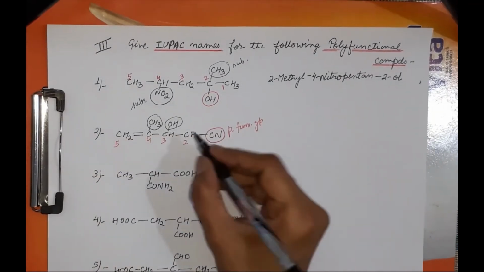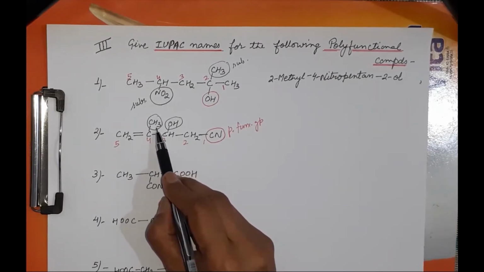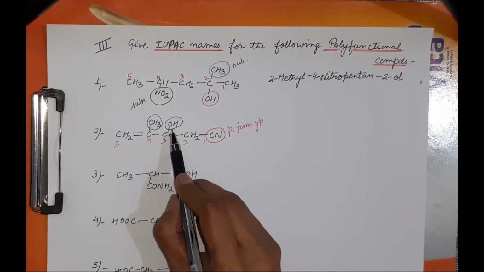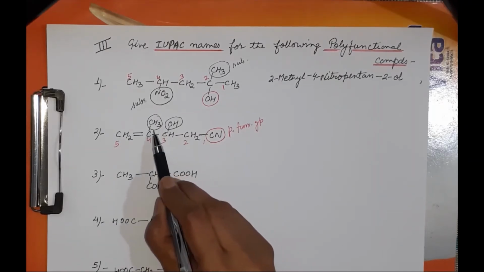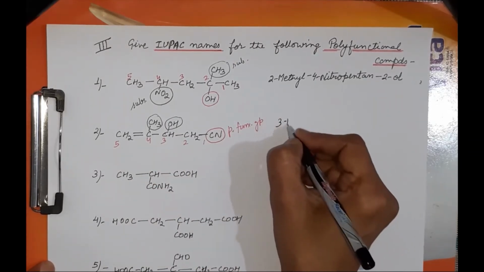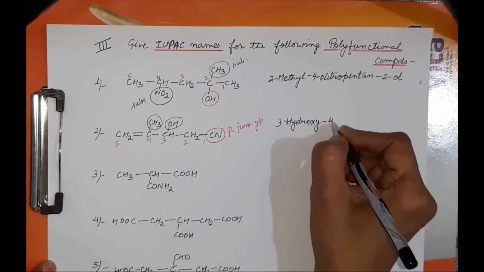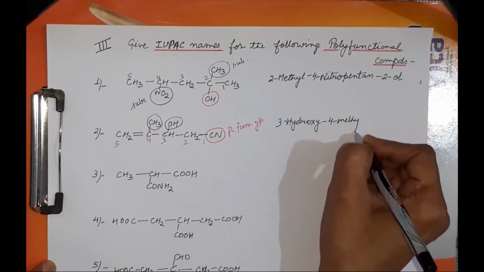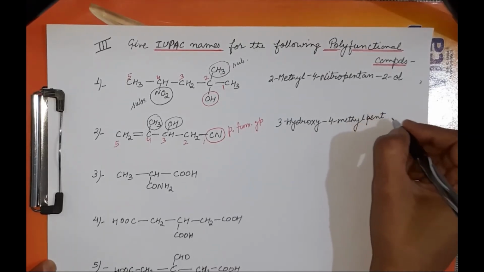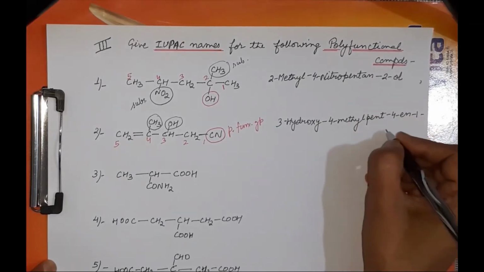So the name will be, in alphabetical order we have to write the name. So first this hydroxy group, then methyl group will come. So name will be 3-hydroxy, 4-methyl, pent-4-yne-1-nitrile.